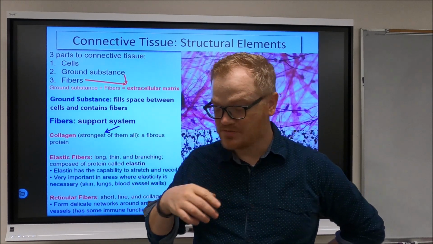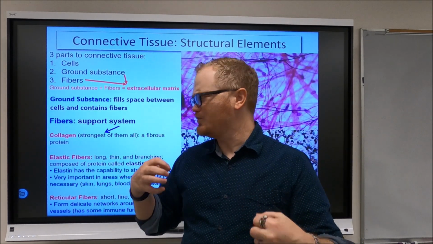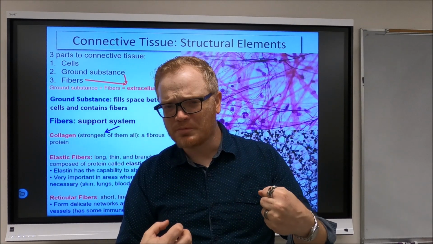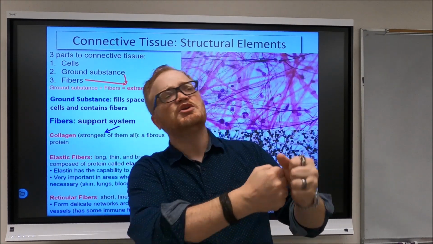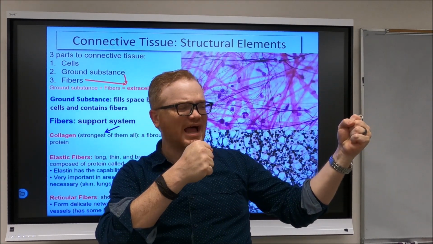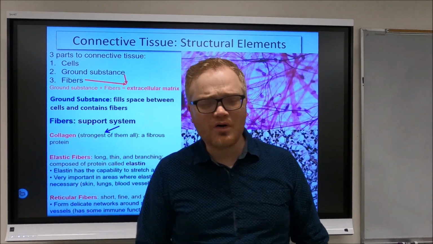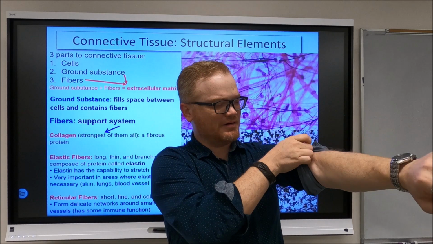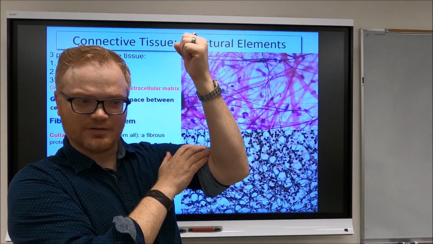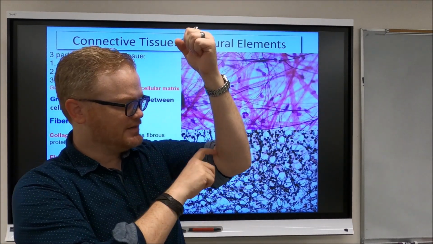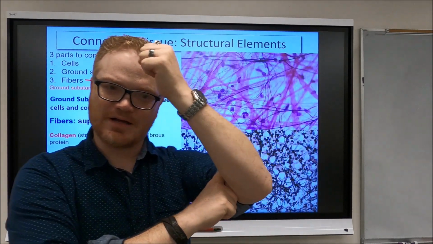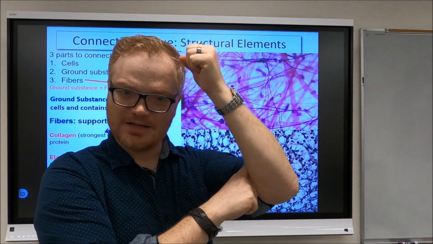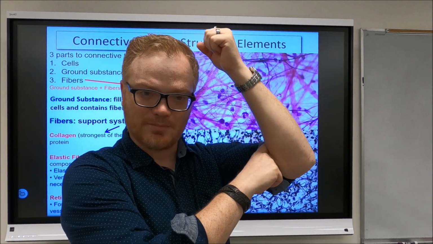Collagen fiber, by comparison, is very strong. It's like rope. Okay, super tough stuff. You pull against collagen and it gets tight and it goes no further. Strong as a steel cable, okay? If you bend your arm just a little, like so, and dig into your elbow from the top, you can feel a tendon coming off your bicep.